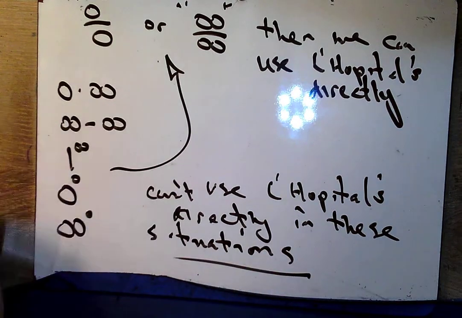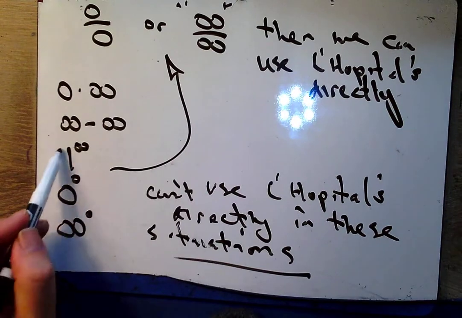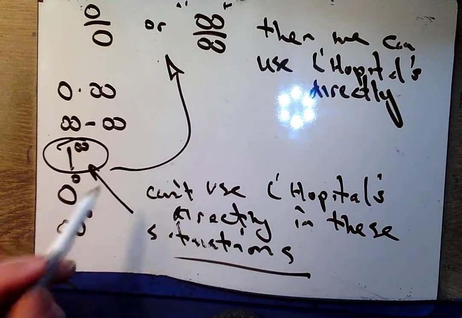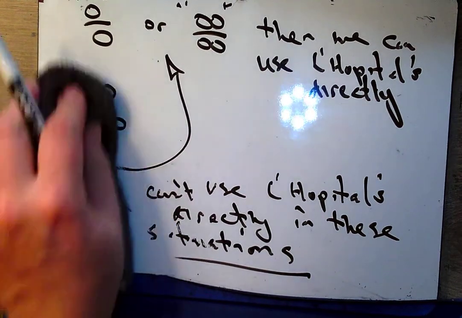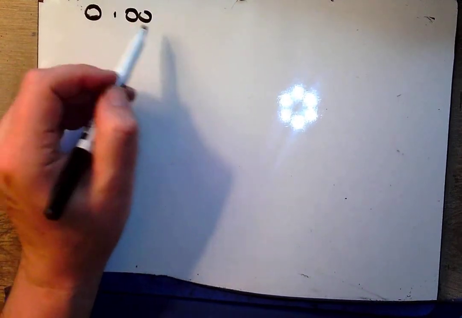I'm going to have to do some rewriting in these cases. So let's look at those, and I know that many of you are very keen to know how that isn't always 1. Don't worry, I'll show you. Okay, so let's start with 0 times infinity, in that case.